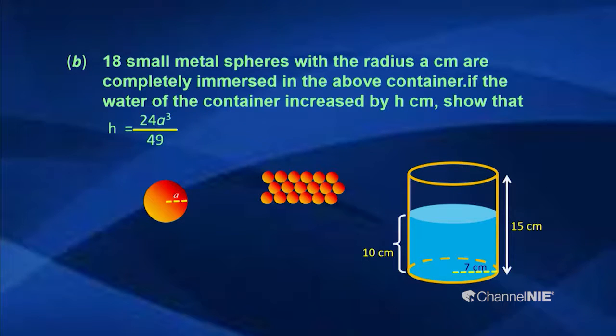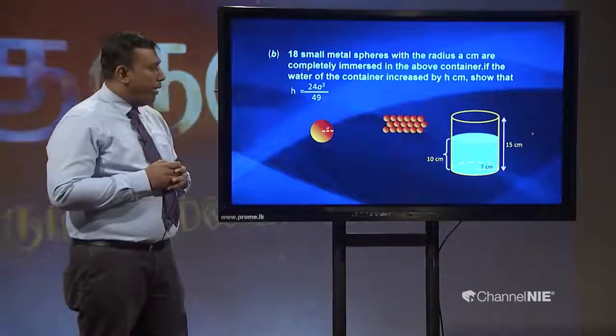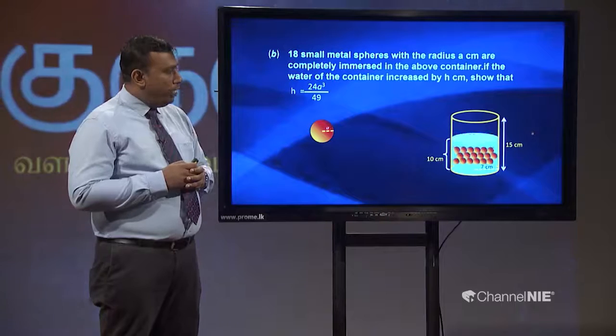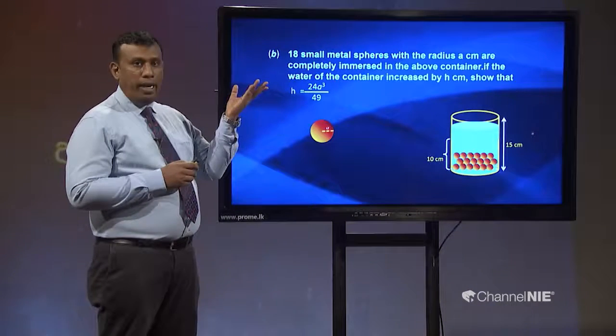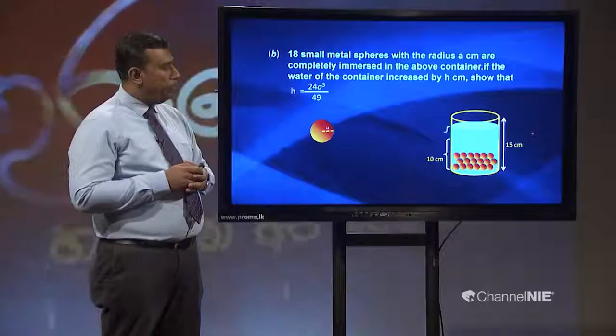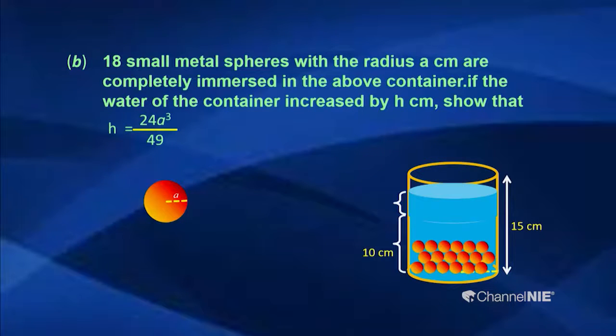Now look here, you can see these small spheres and the large one, and here the cylinder. What happened? When you immerse all the spheres, the water level goes up by h centimeters, right, that is h centimeters.